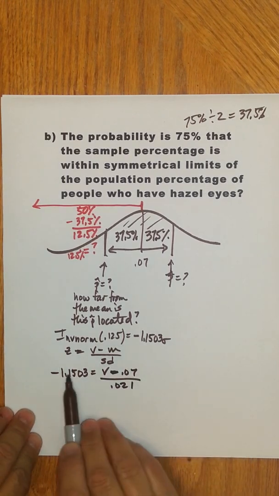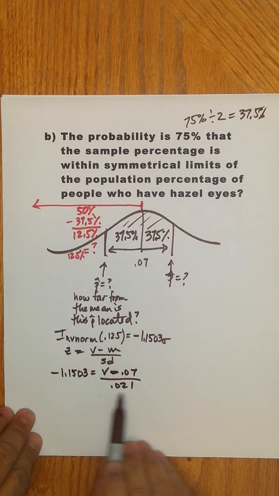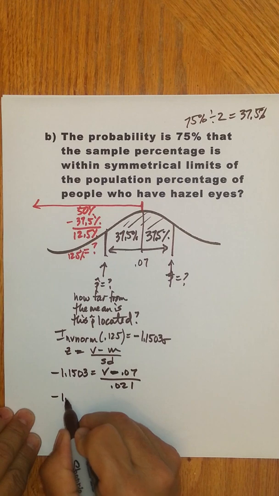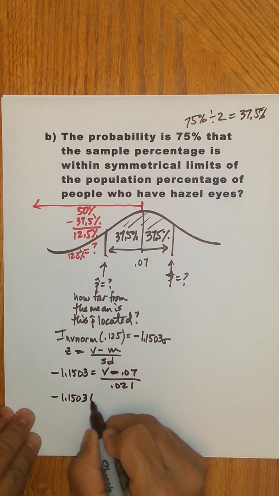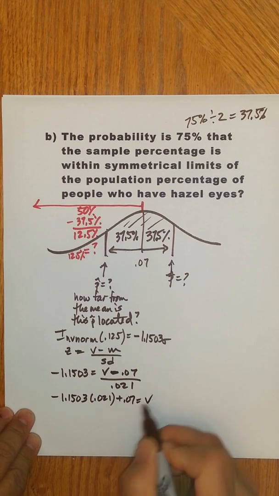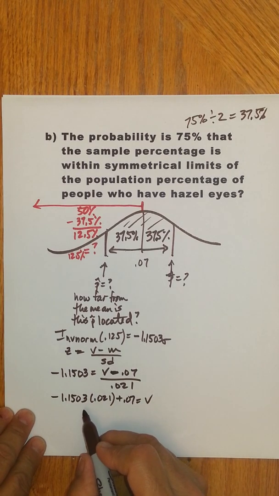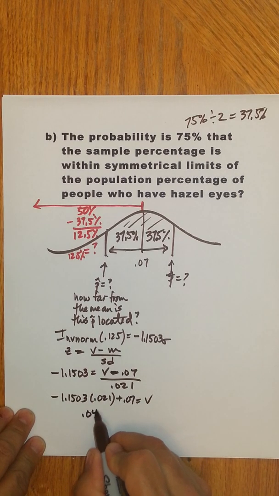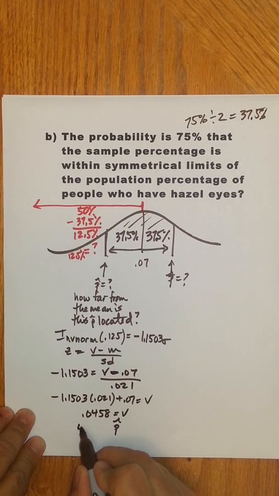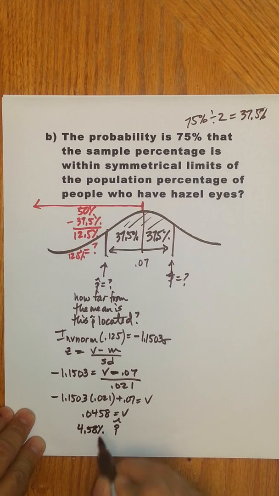So when I multiply negative 1.1503 times 0.021 and then add the 0.07, that's going to give me my value. I'm going to get 0.0458, which means the sample percent is 4.58%.